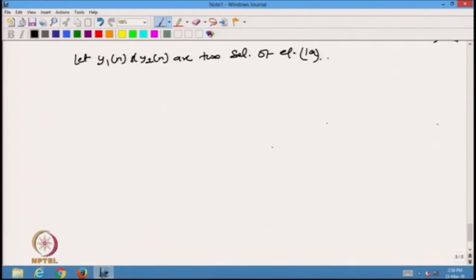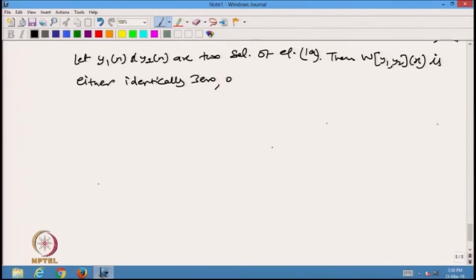Then the Wronskian is either identically 0 or it is never 0 for x belonging to the domain (alpha, beta).